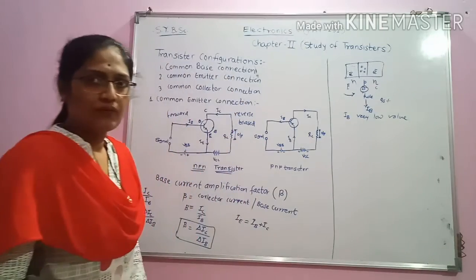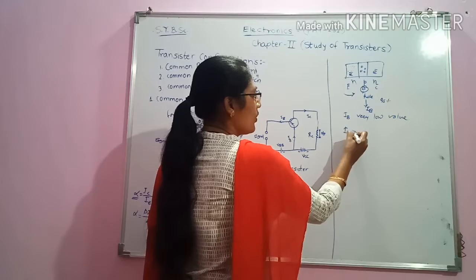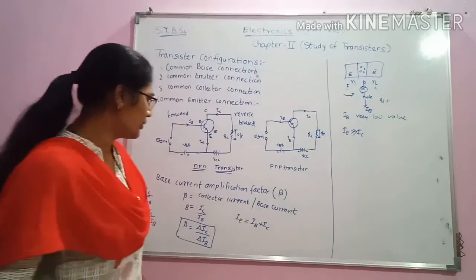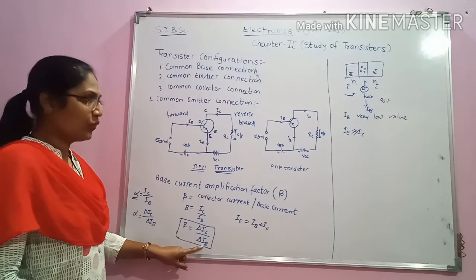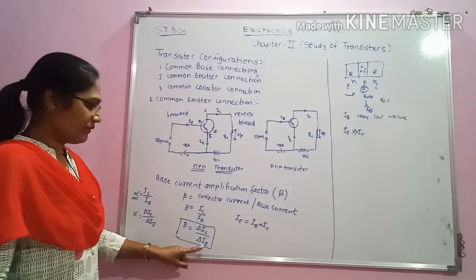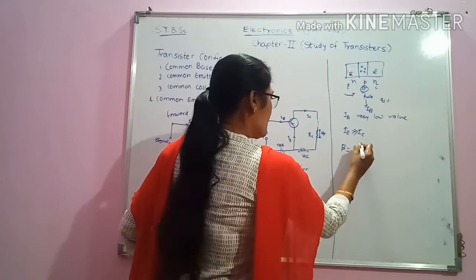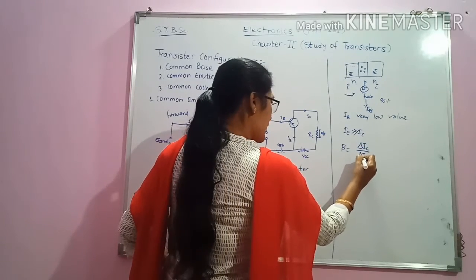Hence base current has a very low value, and IE is always greater than IC. So beta is equal to delta IC upon delta IB.